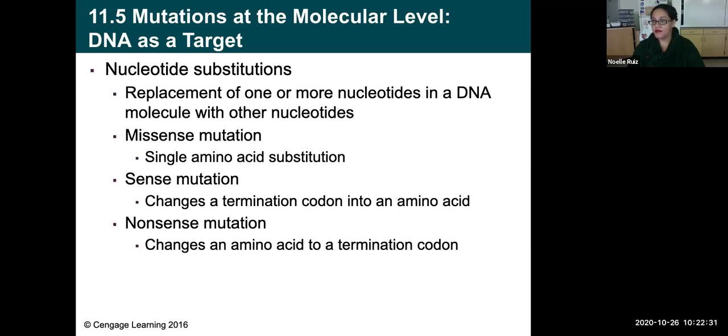So instead of stopping, transcription and translation just keep going. Or a nonsense mutation, where an amino acid gets changed into a stop codon. That will stop translation too early, and whatever protein is being made doesn't get made, or doesn't get made properly because it's too short.